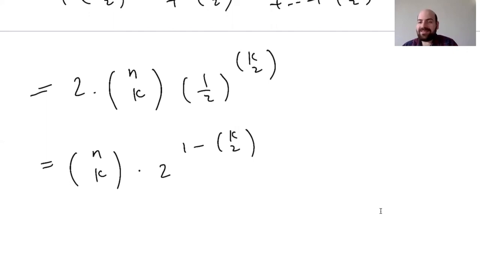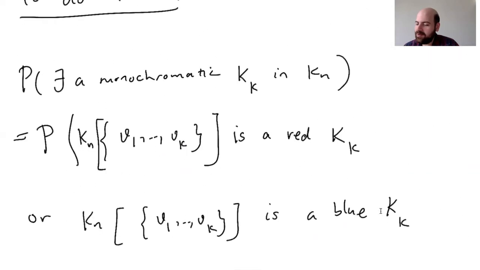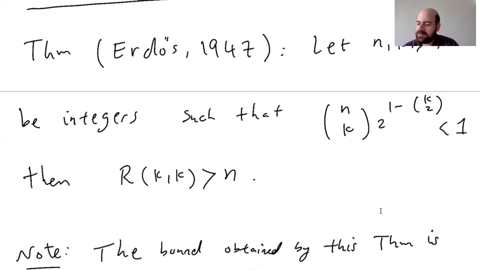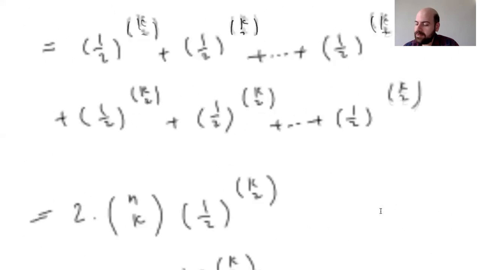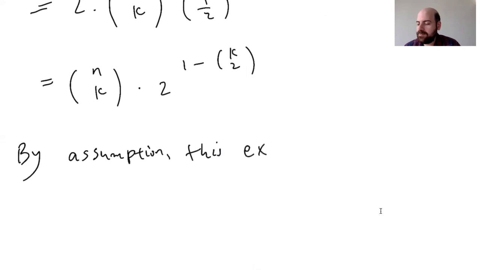Now, again, this is exactly the expression we had in the assumption. Okay, let me show you the assumption again. See what was the assumption? If this expression is less than 1, so there you are. So my assumption is that this expression is less than 1.